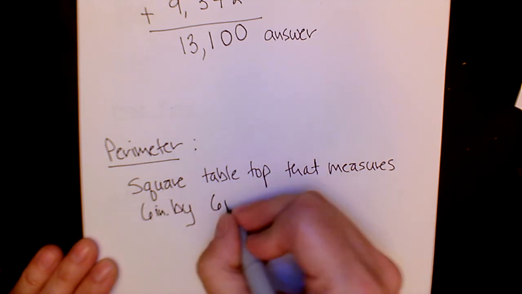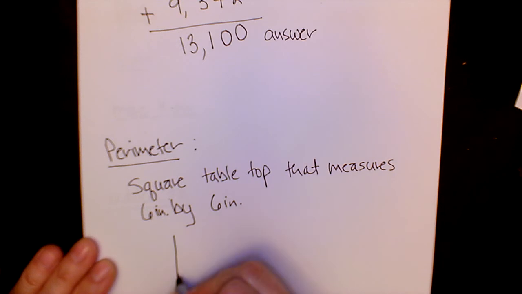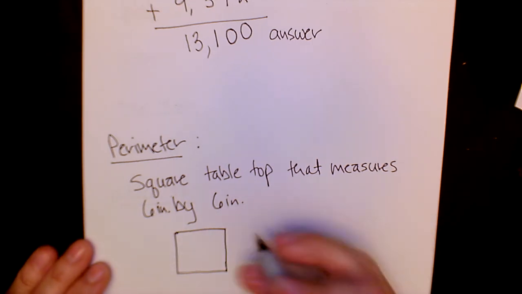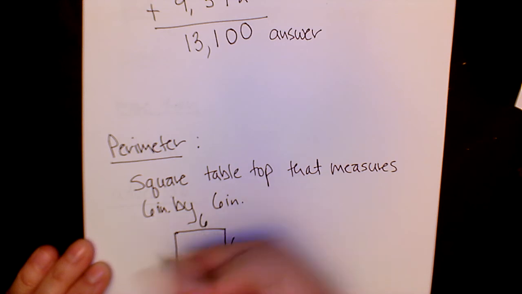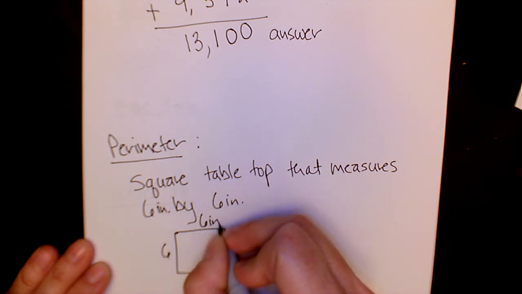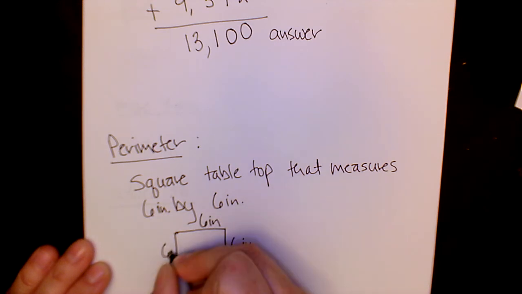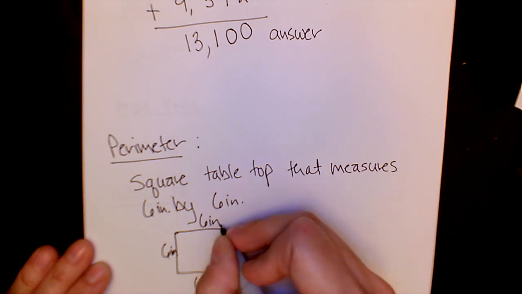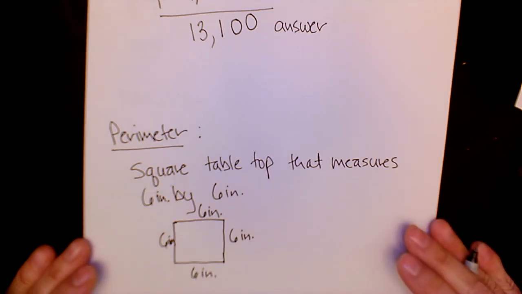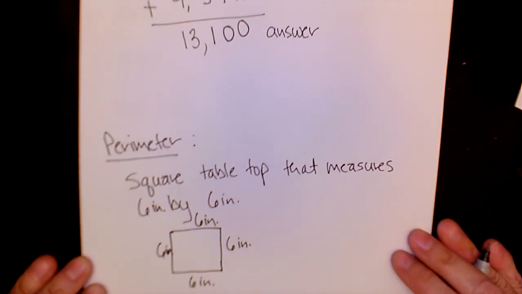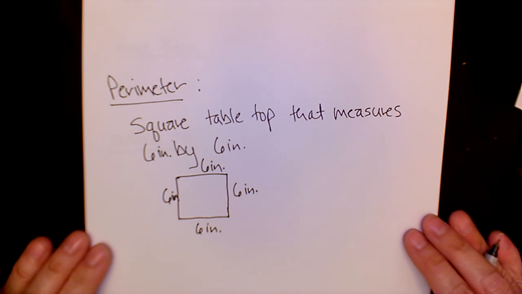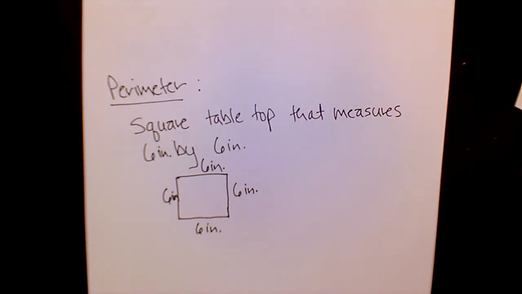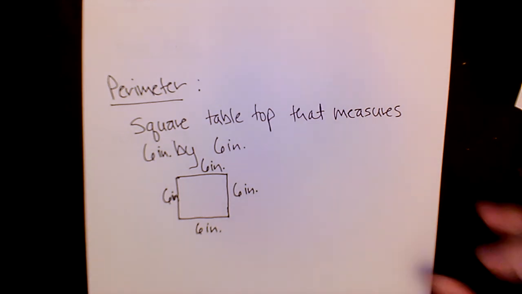Very, very tiny. So just drawing this. We know on a square, all sides are equal. How do I find the perimeter?